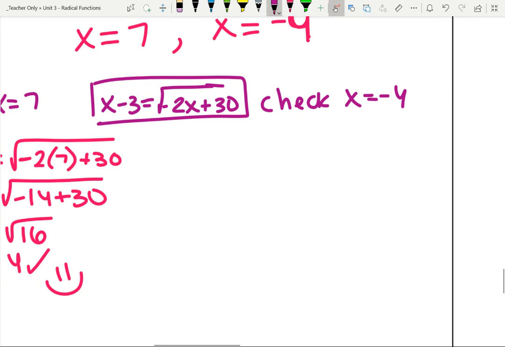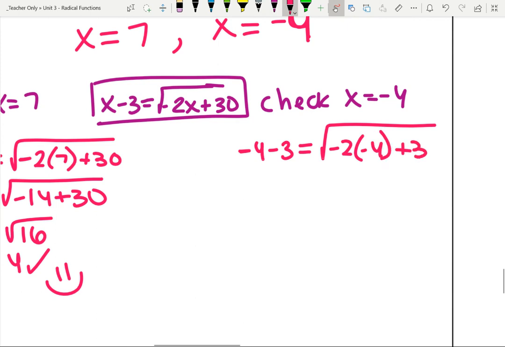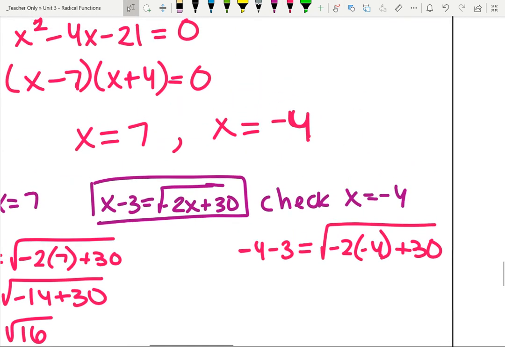So that's negative 4. Oops, wrong color. Negative 4 minus 3. Said it was the last one, and apparently it's going to go a little bit weirdly. Okay, let's try that again. Negative 4 minus 3 is equal to the square root of negative 2 times negative 4 plus 30, and this is what we're checking. Did I make a mistake earlier?